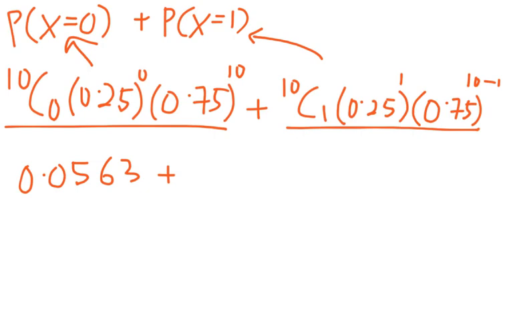This one is 10C1, 0.25 to the power of 1, and then 0.75 to the power of 9. So we will have the value 0.1877. Take 4 decimal places.